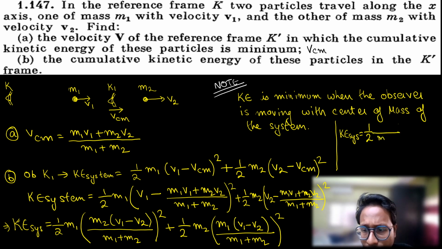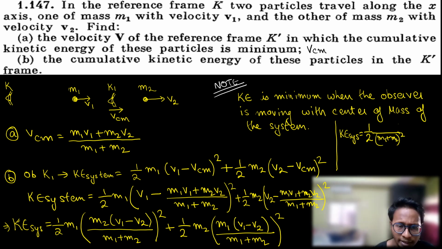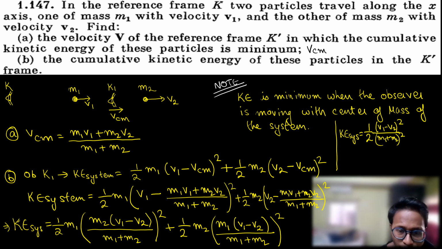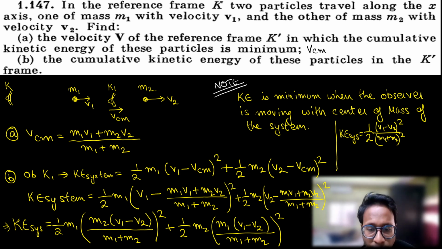Out here I can take (v1 minus v2) whole square common from both. The remaining terms are m1 into m2 square plus m2 m1 square.